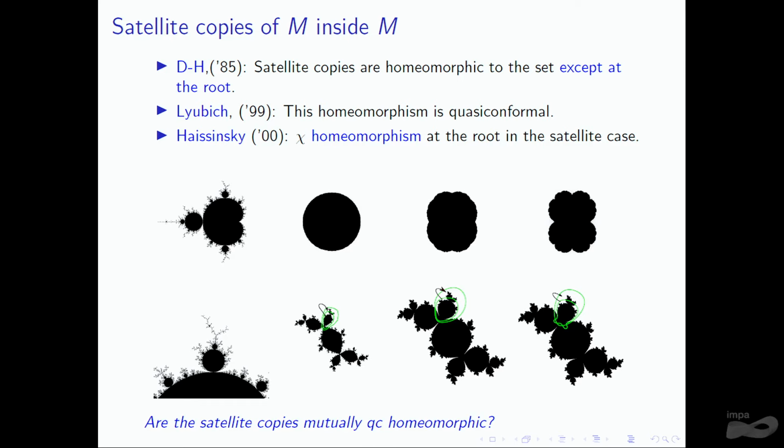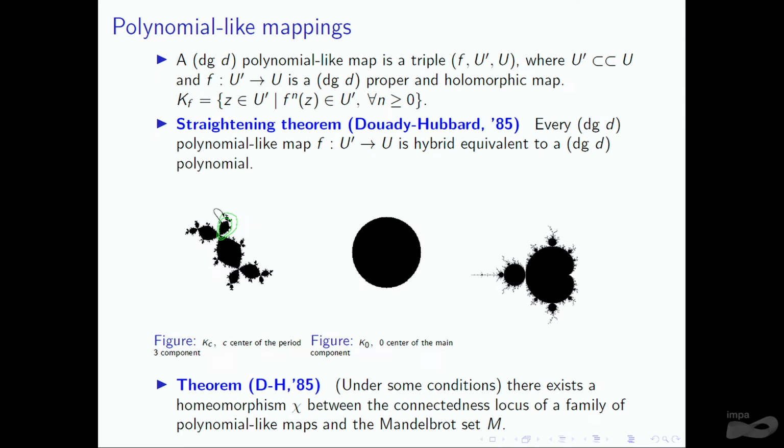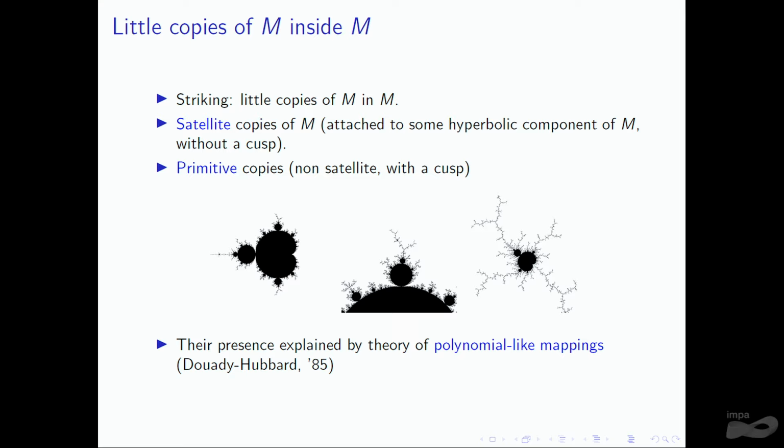Douady and Hubbard, in this super cool paper, Polynomial-like Mappings of 85, proved that the satellite copies, okay, sorry, I forgot to say. The copies of the Mandelbrot set can come with the cusp or without the cusp.